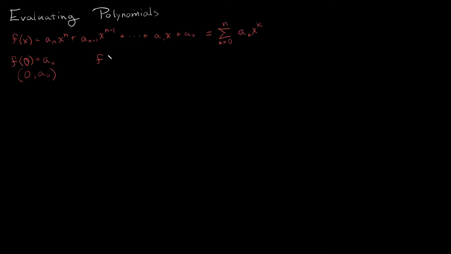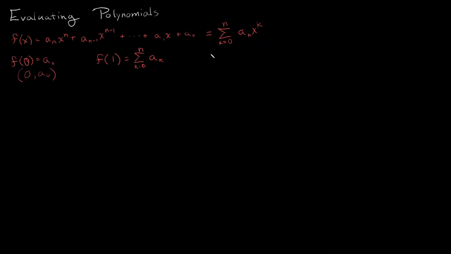And you also get 1, because look at the sigma notation. This is just the sum of a sub k times 1 to the k. This is just the sum of a sub k, k equals 0 to n.